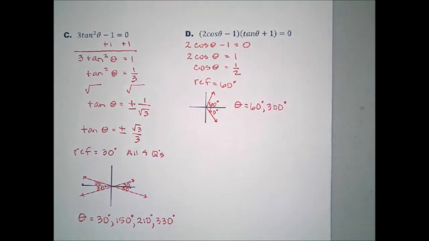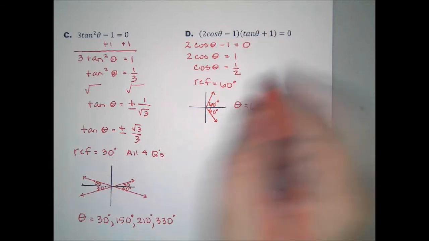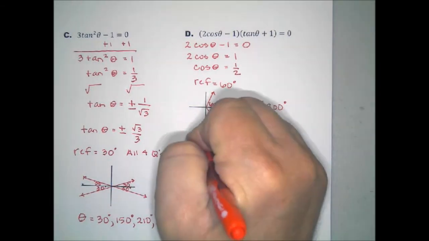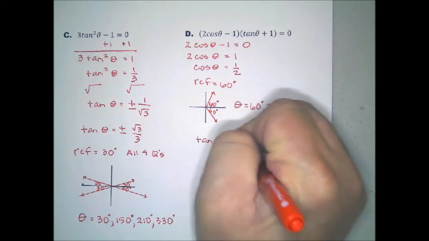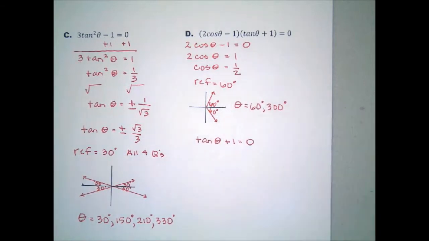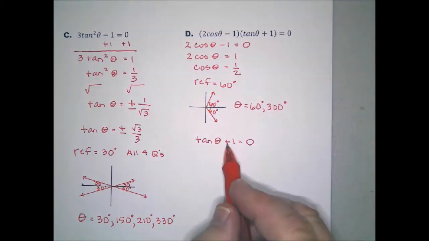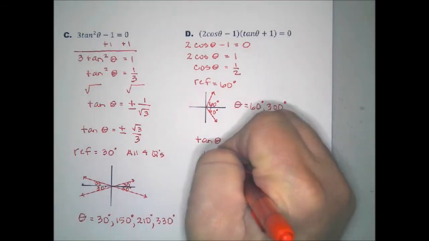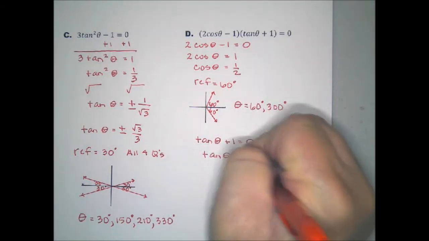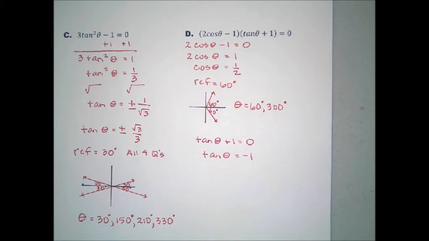Now let's move on to the second part of the problem, the other factor, which is tangent theta plus 1 equals 0. This is really only going to take one step because all I have to do is subtract 1. Tangent theta equals -1.